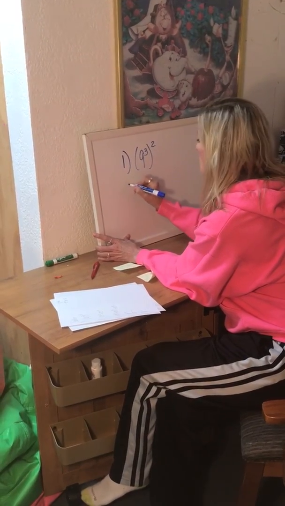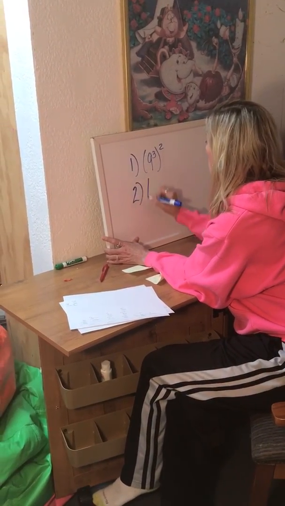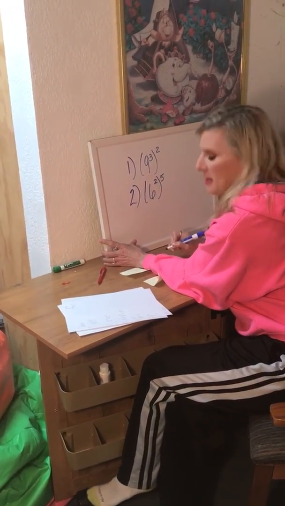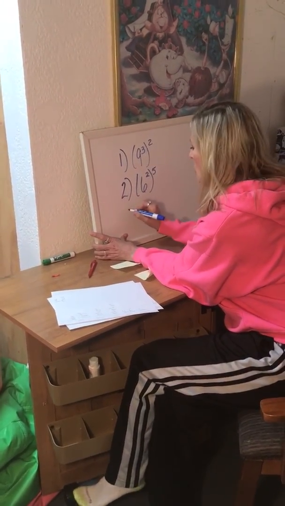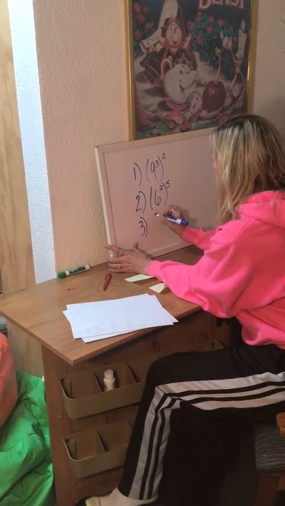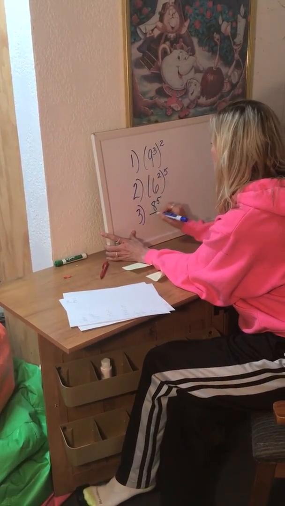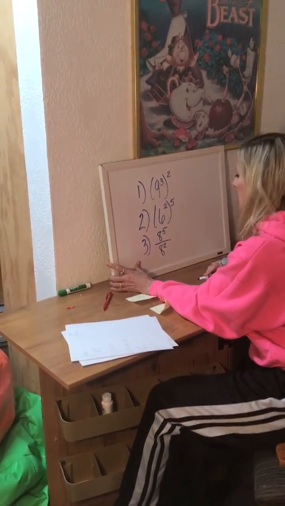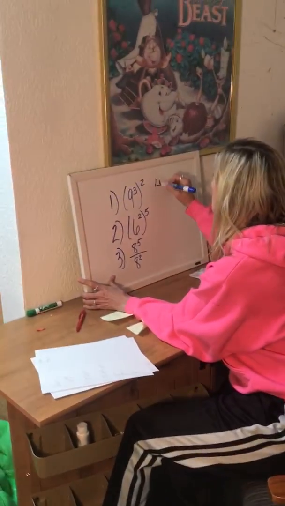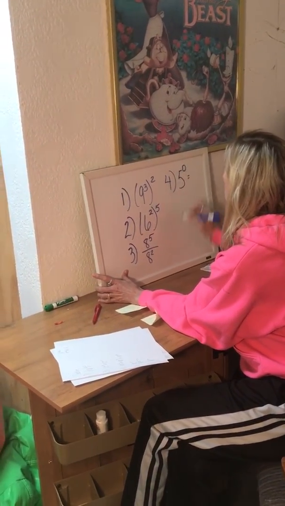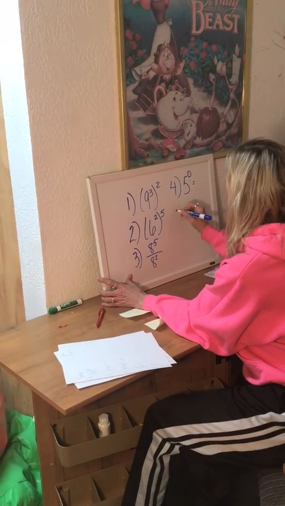Your next problem is going to be 6 to the 2nd and a 5. Your third problem is going to be 8 over 5, 8 squared. Easy? I think so. Your next problem, and the last problem.